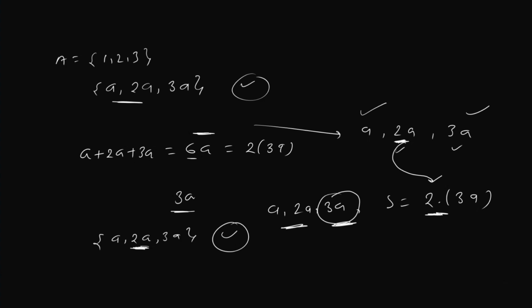Rather than 2, you can't do this. How can we prove this? Suppose you take a plus 3a instead of 2a, and as the third element you take the sum of these two elements, which is 4a. When we sum all these, we get 8a. So we are not having this one as a factor in the sum.